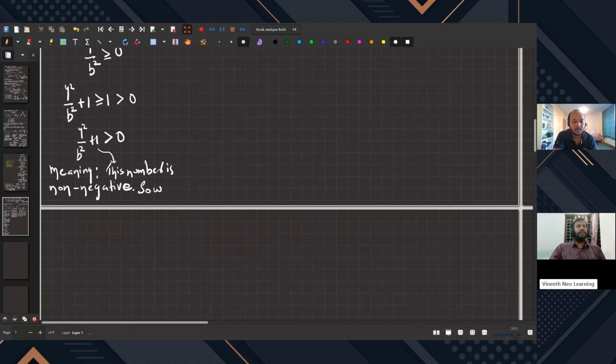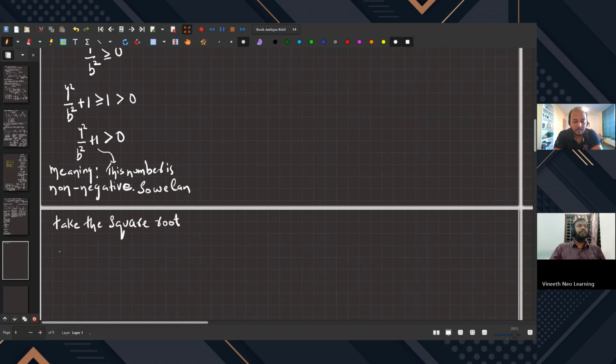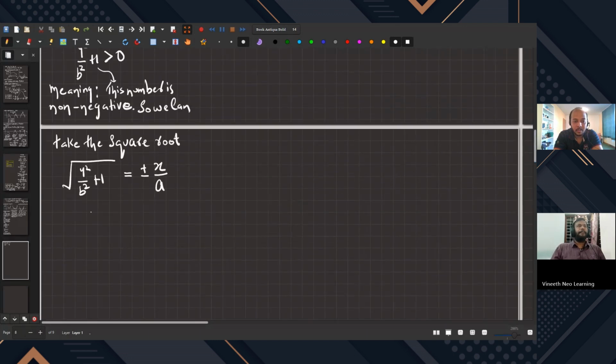That is, the square root of y squared over b squared plus 1 will always be greater than 0. I'm naming it as plus or minus x over a.